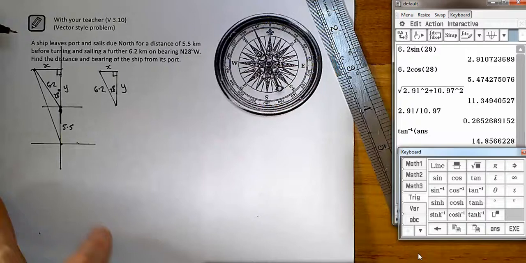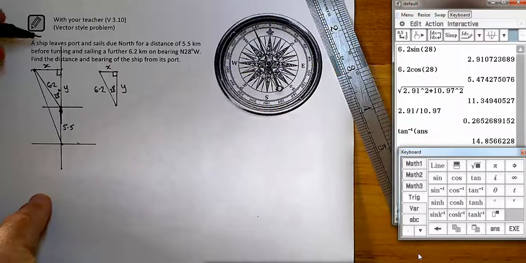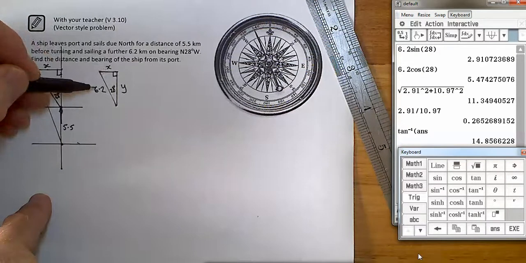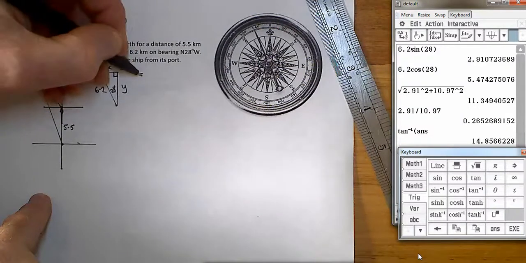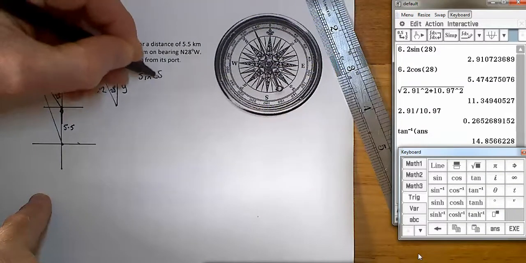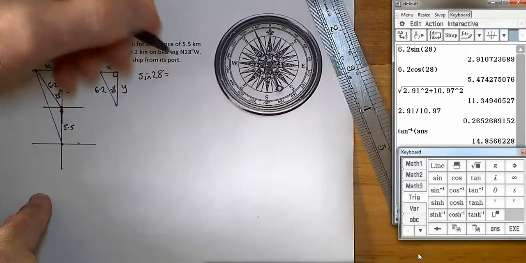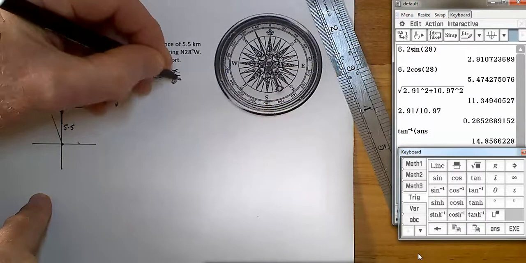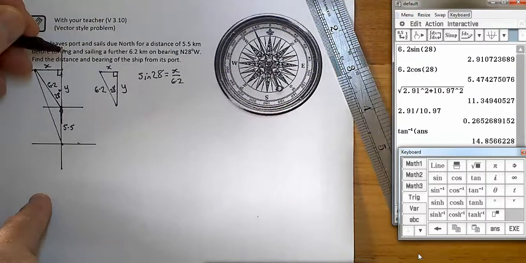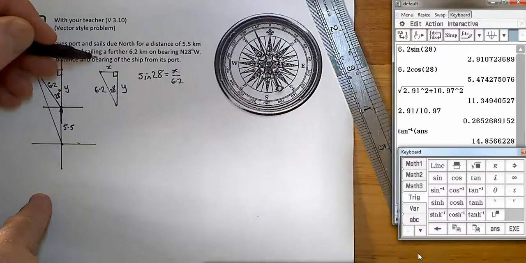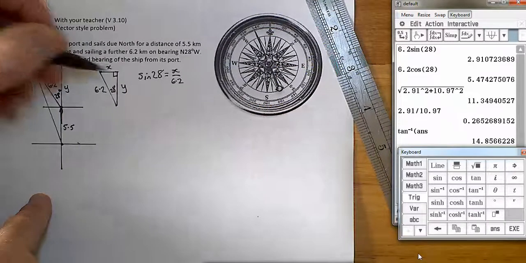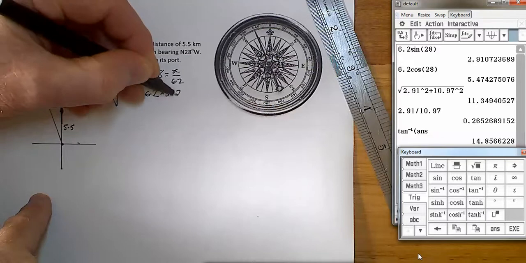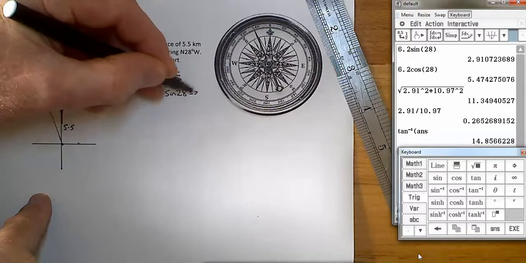Okay, but I can use trigonometry now. If I want to work out x, I'll say opposite and hypotenuse, that's sine. Sine 28 equals opposite, which is x, over hypotenuse 6.2. To get x by itself in that equation, times both sides by 6.2. 6.2 times the sine of 28 equals x.